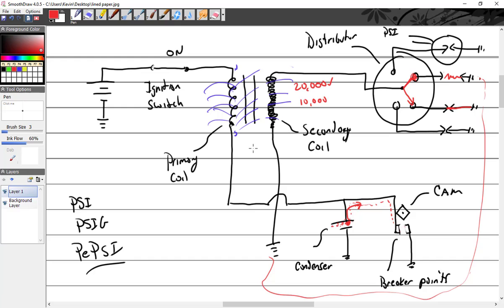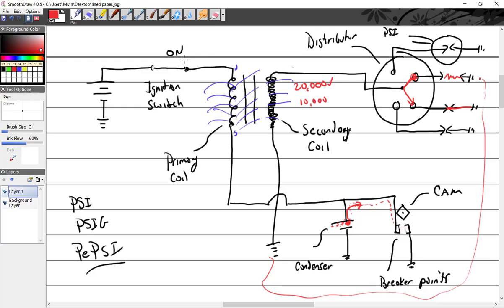All right. So that's just your basic Kettering system. It's really not much more complicated than that. But again, if you don't understand this, the magneto is going to be just magic to you, and unknowable. So you have to look at this and go, okay, I understand all these concepts. One, the ignition switch: this is on.